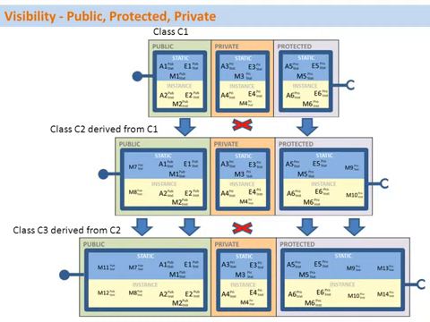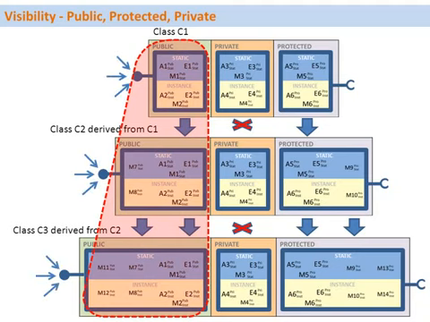The private section is not inherited at all. Now the public section, as the name suggests, is fully accessible from outside. So class C1, class C2 or class C3, it does not matter which one. For all the classes it's possible to access the public section from outside. As the name suggests, it's public.